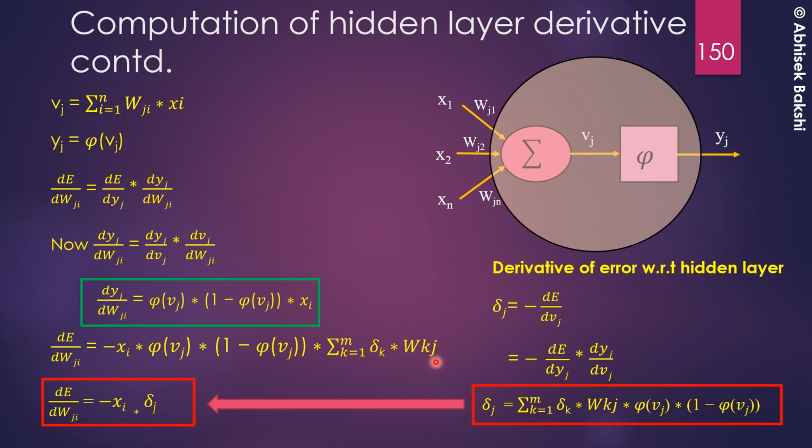What is wkj? That is the weight between the hidden layer and the output layer, because all are important, because all these are basically responsible for generating these errors.